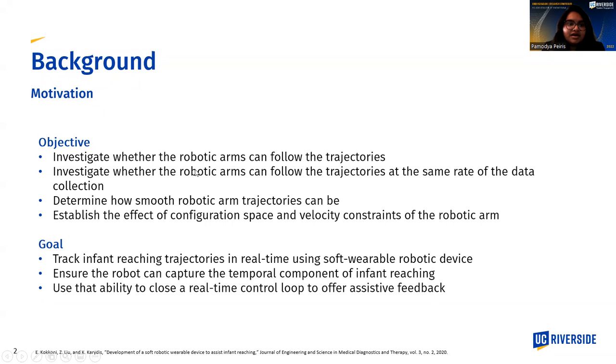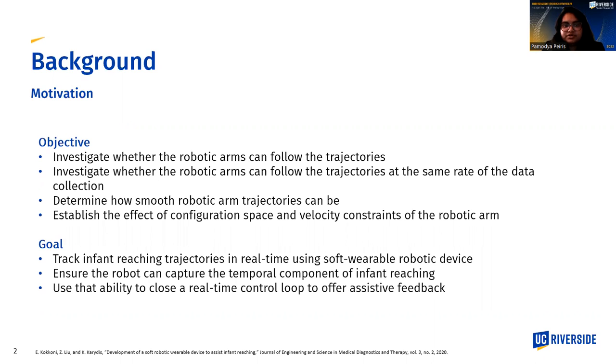To start, in this research, the main objectives are investigating whether the robotic arms can follow the infant trajectories, and if they can follow the trajectories at the same rate, and determine how smooth these trajectories can be, and establish an effect of the configuration space, which is the robotic space where the robotic arm can move, and velocity constraints of the robotic arm.